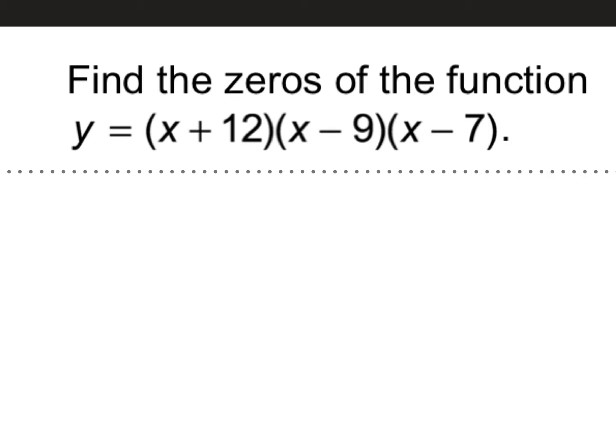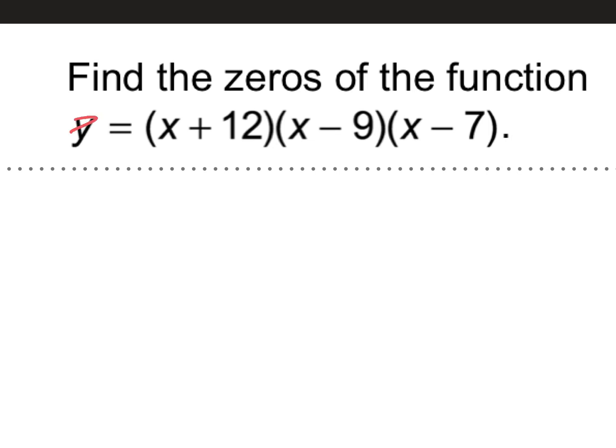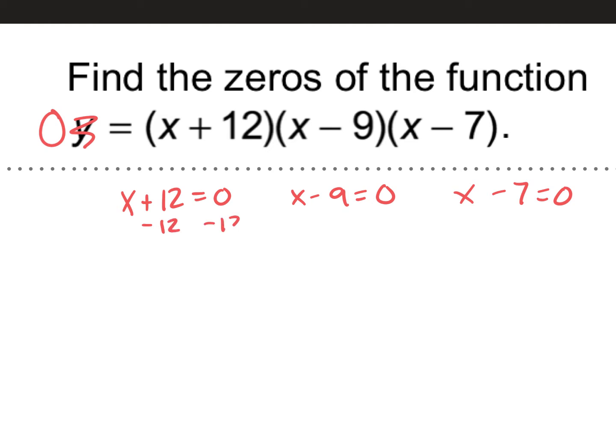So for the next one, find the zeros. Change y to be 0, and then what should I do? x plus 12 equals 0, x minus 9 is equal to 0, and x minus 7 is equal to 0. So we have 3 mini equations in here. So subtract 12 on both sides, so x is equal to what? Negative 12.